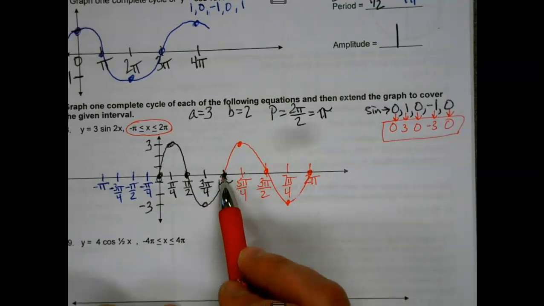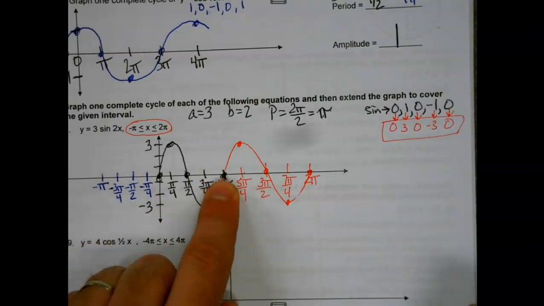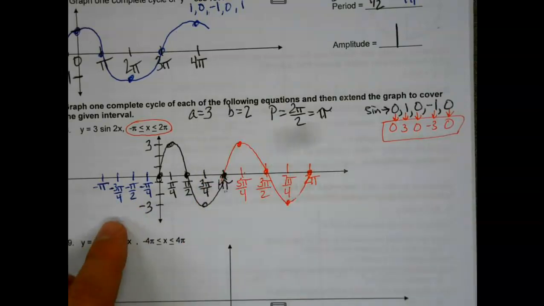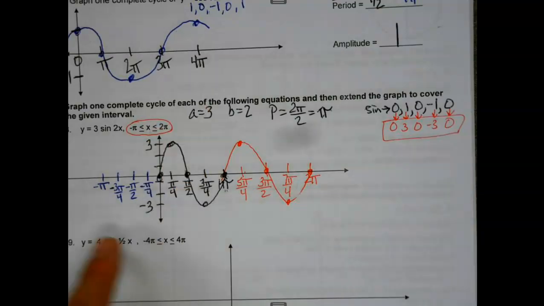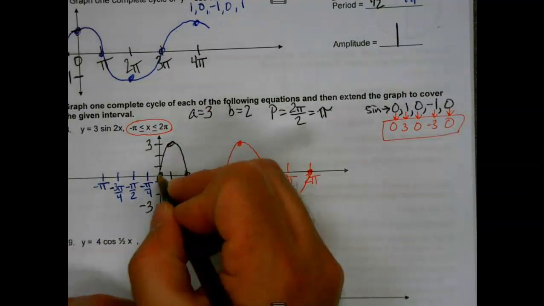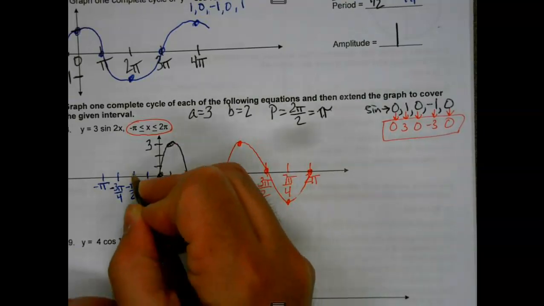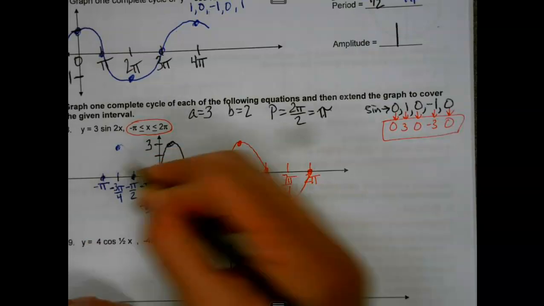Because this is the starting point for this one and the ending point for the previous one. They share that point, so it's still 5 points, just like before. And this one is a little trickier because I'm going backwards now. So I come down and back up to the top, and back down.